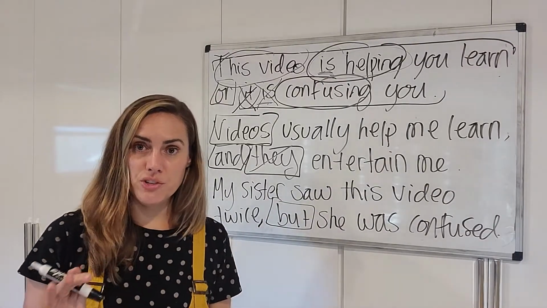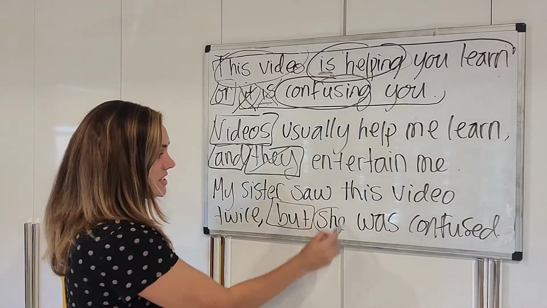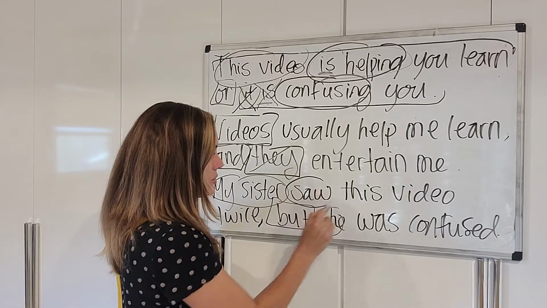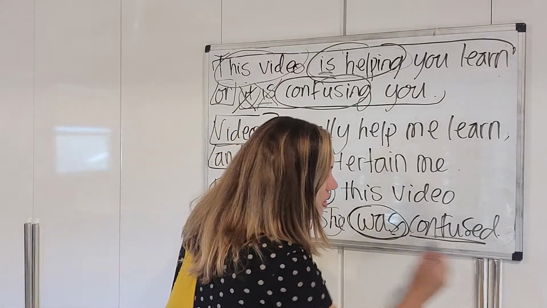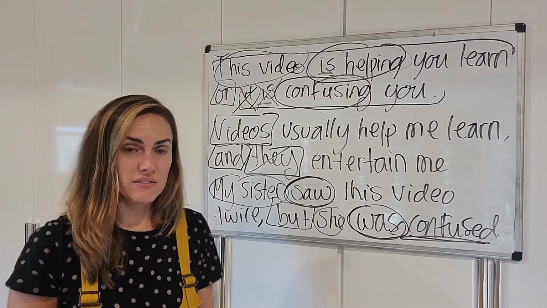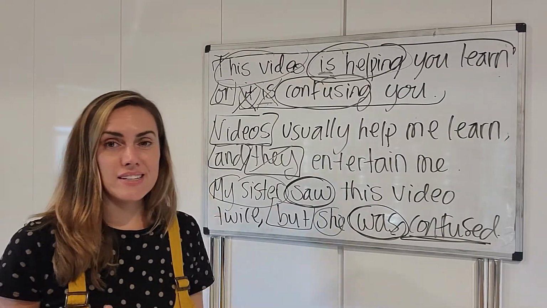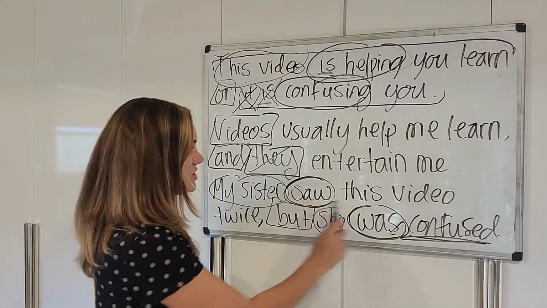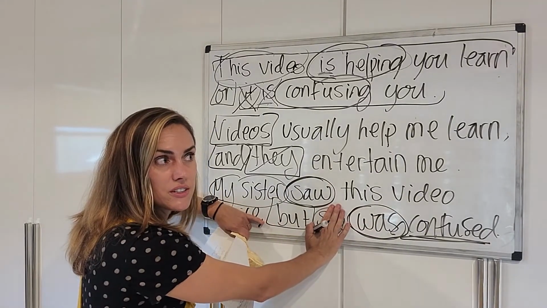I would not reduce this one because the subject is the same, yes, but look at the verbs. Here we have the simple past, and here we have the simple past, but we also have an adjective that's connected to that simple past verb. So I think that if I reduce this, it's going to make it sound a little unparalleled. My sister saw this video, but was confused.